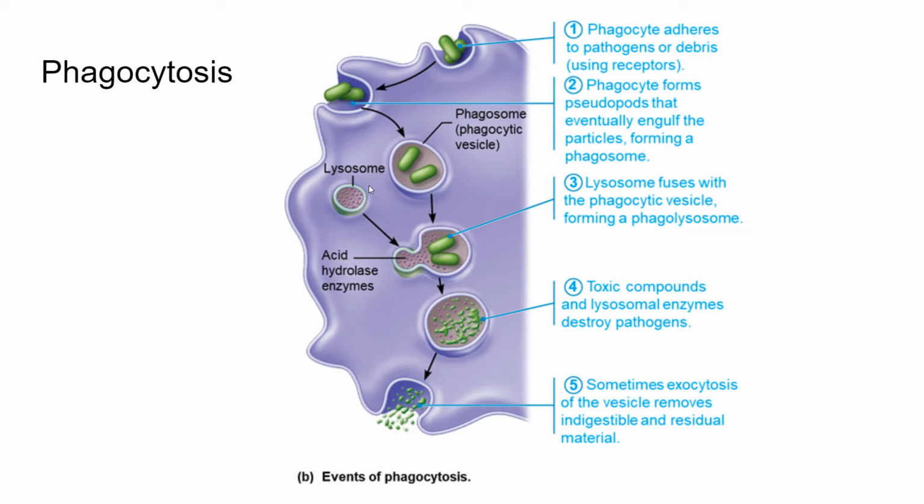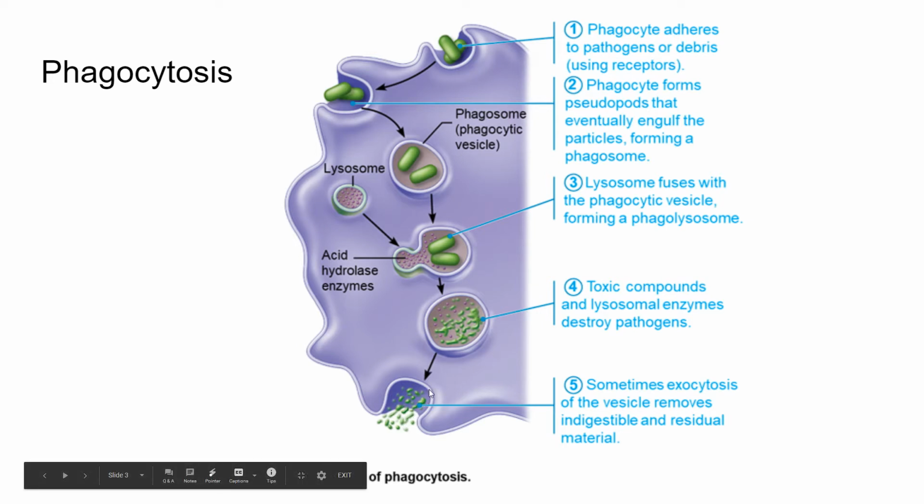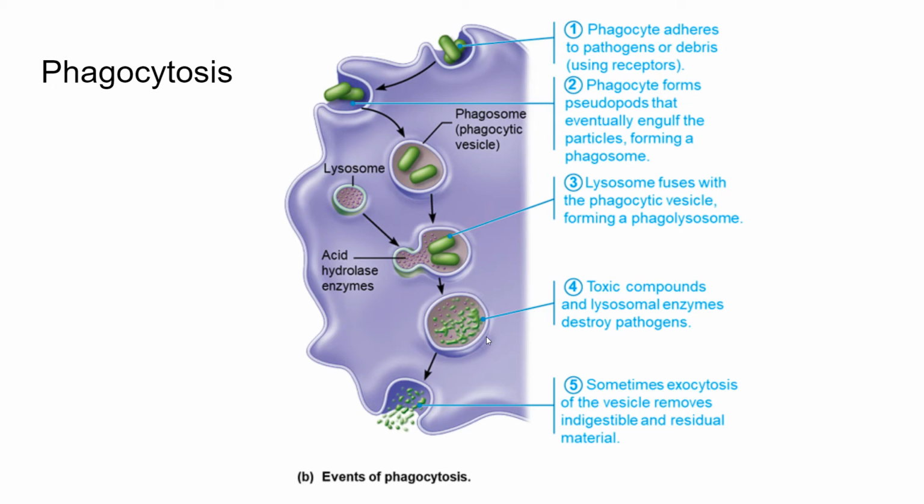Remember, lysosomes are in cells to break things down, and then it will slowly break down all of that business. And then some of that is removed by exocytosis by the cell, and other pieces of it your body can use to make it your own stuff.